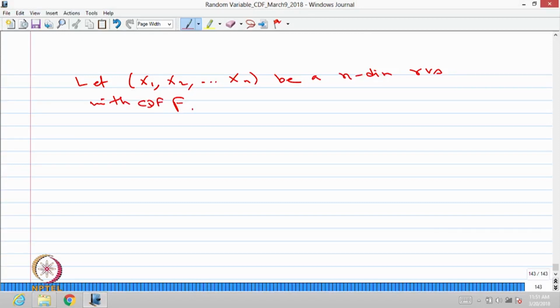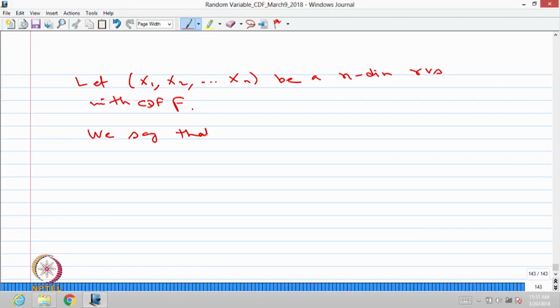That means let x1, x2, and so on be n dimensional random variables with the CDF capital F, a function of n variables.